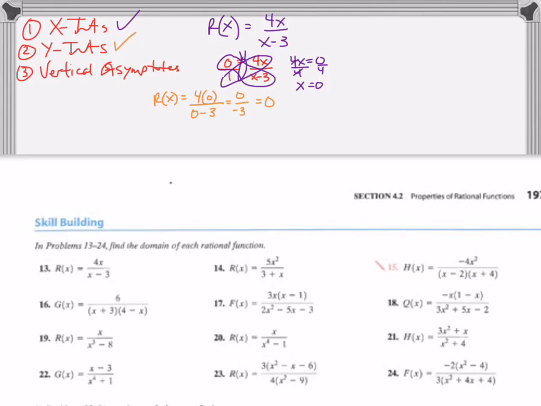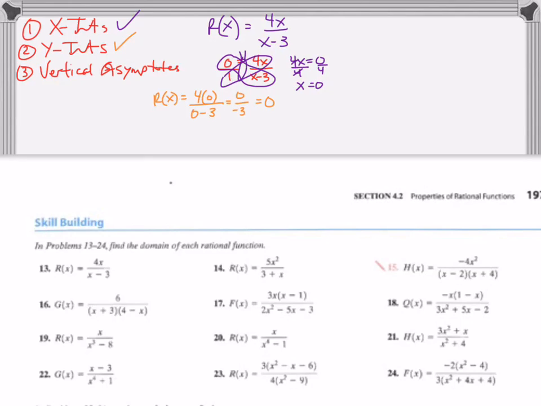My graph cannot exist where the denominator is 0. So we, as mathematicians, want to find those places where it does equal 0 so we can exclude them from our domain. But for rational functions, that actually tells us where our vertical asymptotes are going to be. So all I care about is the denominator for this part, right?